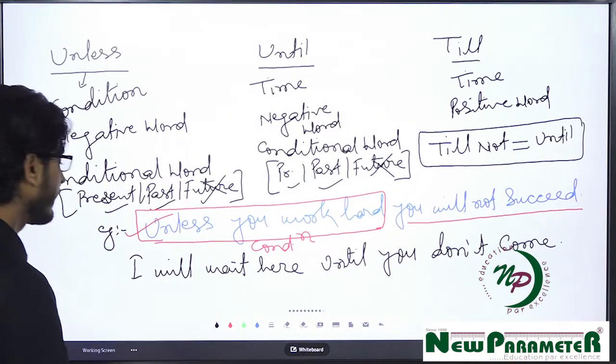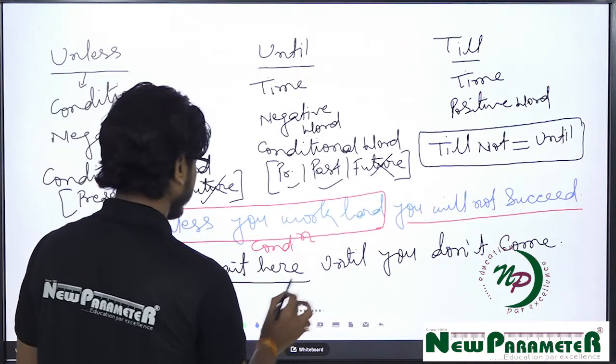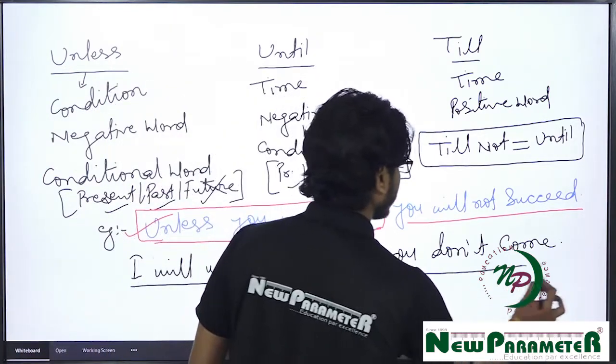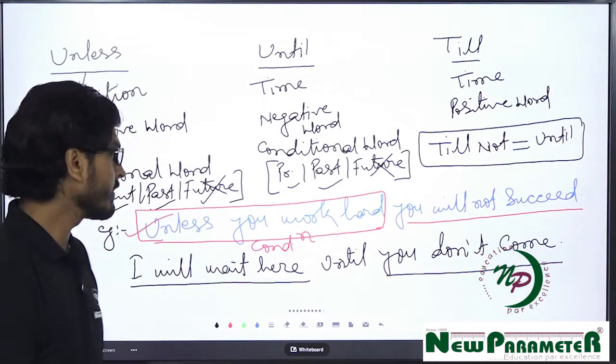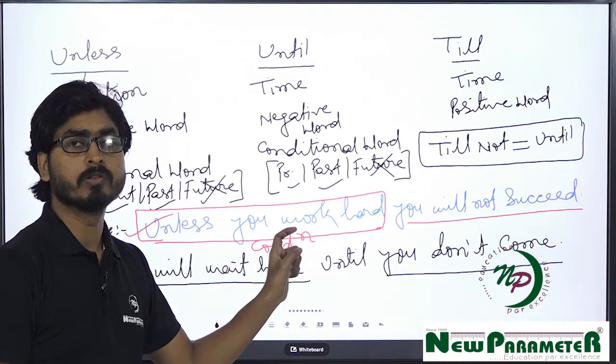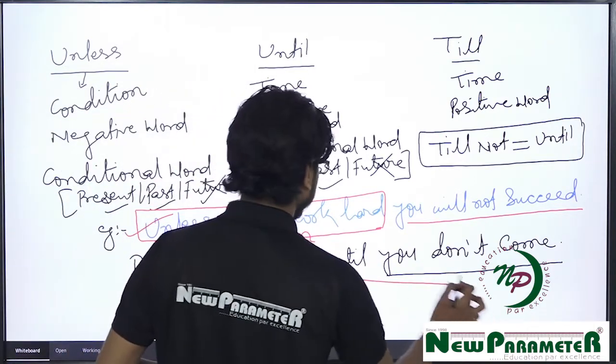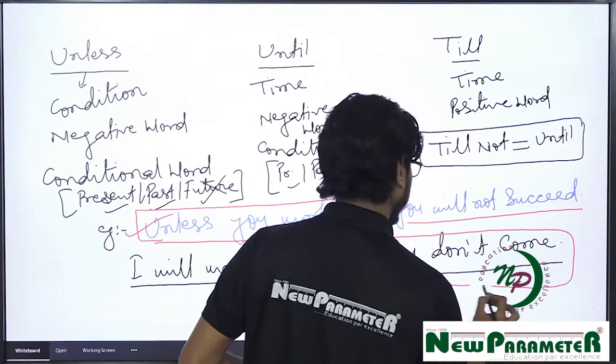See, in this sentence, we have again two clauses. I will wait here, and another is you don't come. What is the time for my waiting here? Until you don't come. So what is the clause of until? The clause of until is: until you don't come.